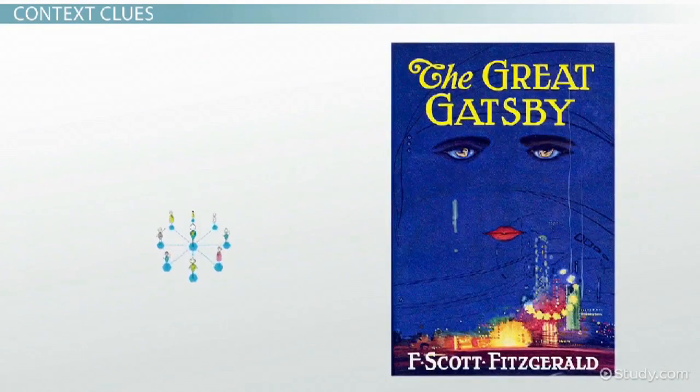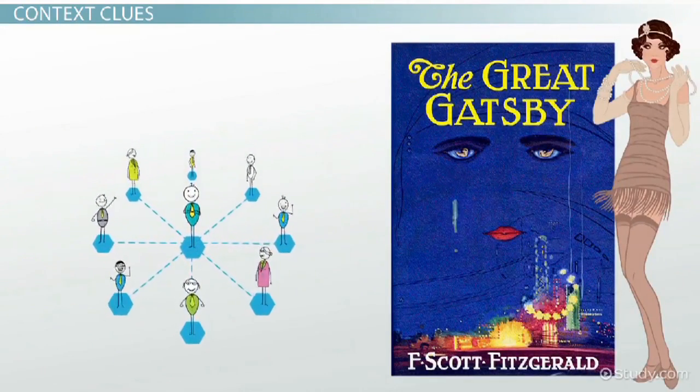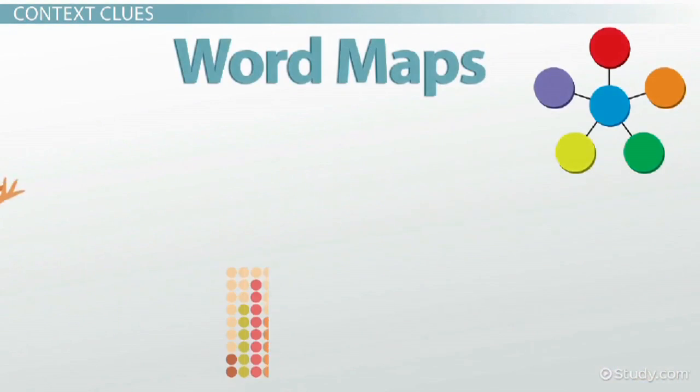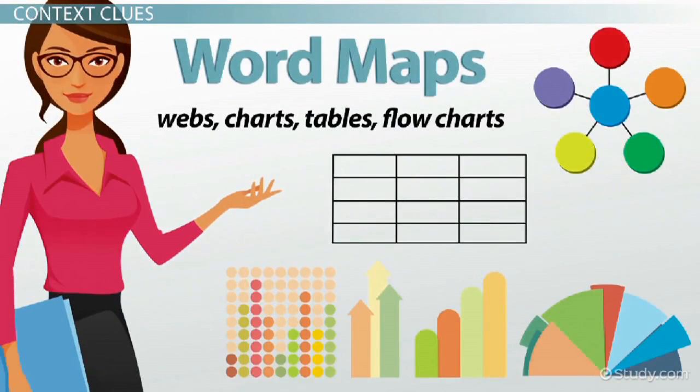If your vocabulary comes from a novel, the students can create word maps connecting different characters, plot events, and settings to various vocabulary terms. Word maps can be webs, charts, tables, flowcharts, or any other visual you can imagine. The great thing about word maps is they reach any visual learners you may have in the classroom.